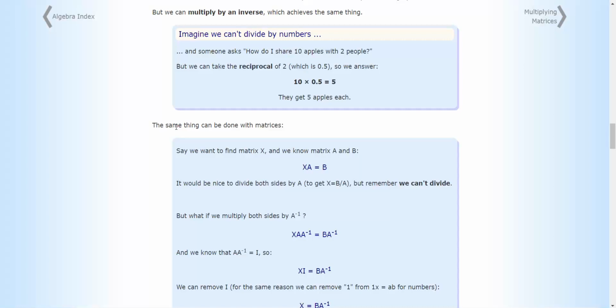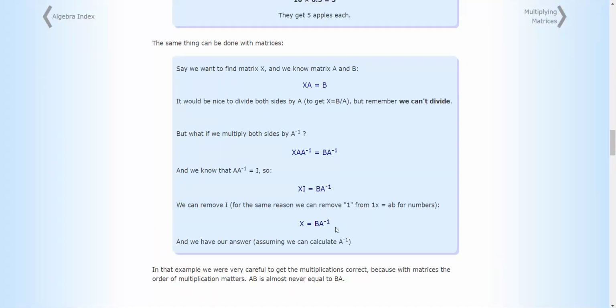But if we multiply both sides by A reciprocal, we get the identity matrix times X, and we can remove I for the same reason we remove the 1 from our X. And we have our answer, so maybe we can divide after all.